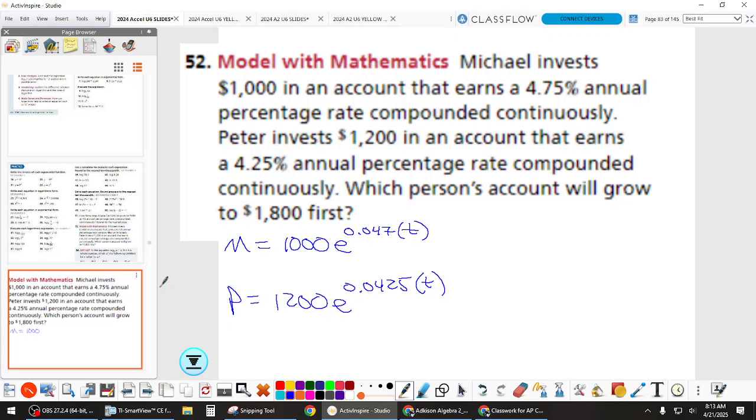The percentage and the initial amount. Yeah, like which one has a bigger effect, the compounding percent or initial investment? What would you have said before you did the problem? So the higher percentage? Okay. Peter. And you said Peter? Okay.